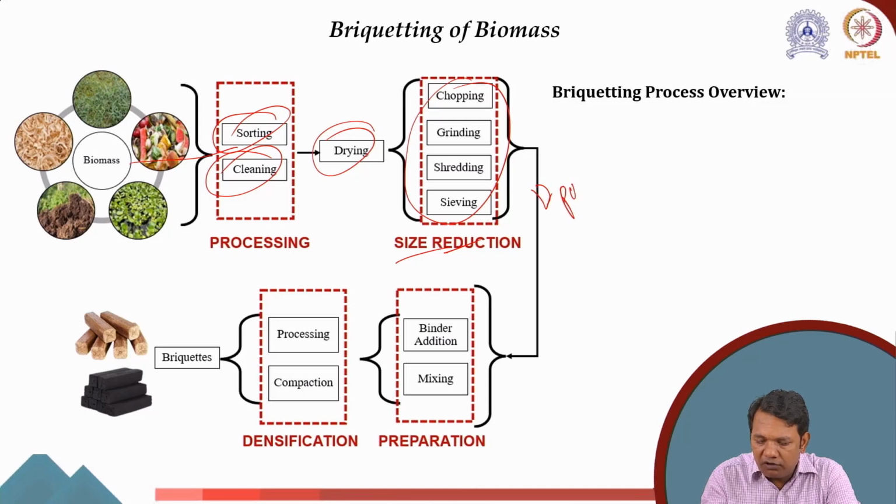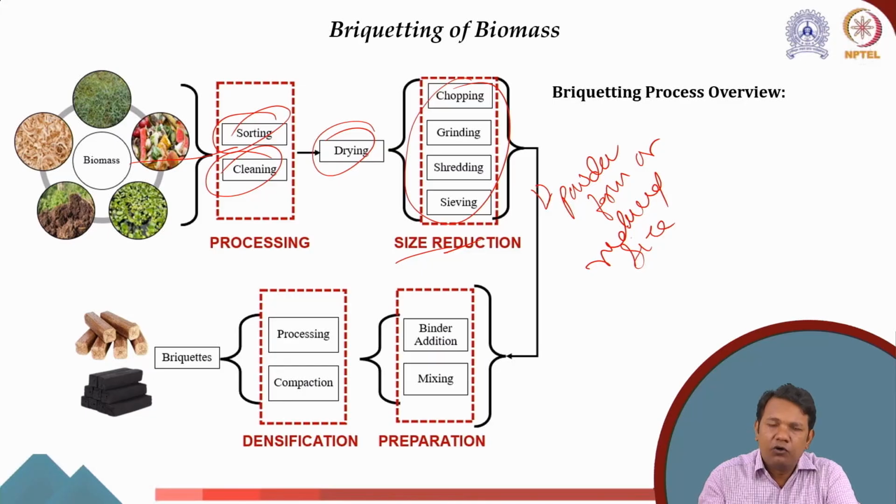Here we got it in powder form, or you can say reduced size, in a few millimeters or microns, and that powder is now mixed with the binder. Binder is added, charged into it, and then mixed properly. So let's assume here that now the binder is uniformly distributed.